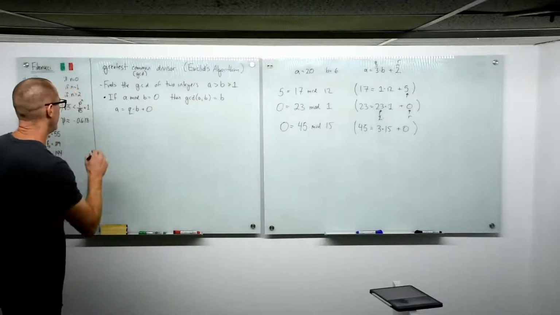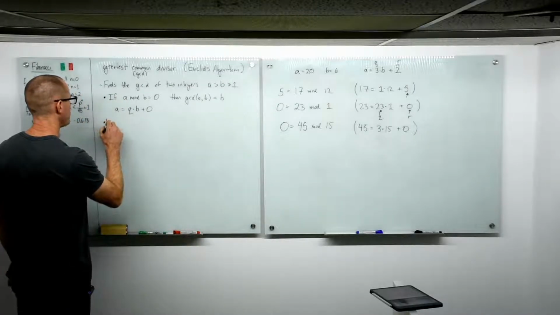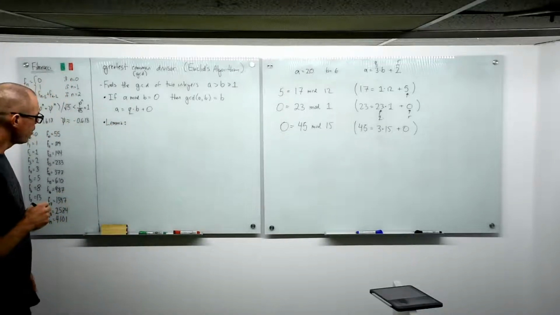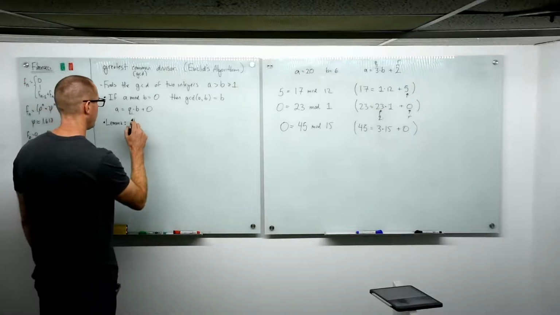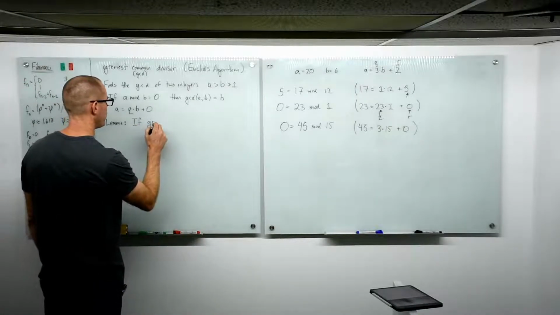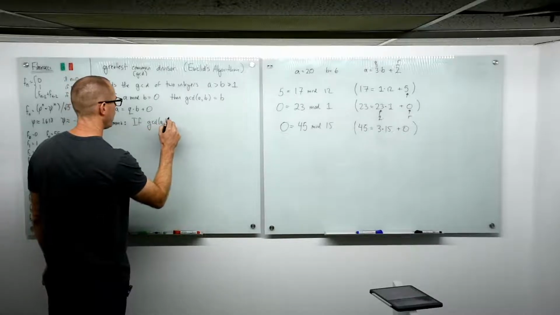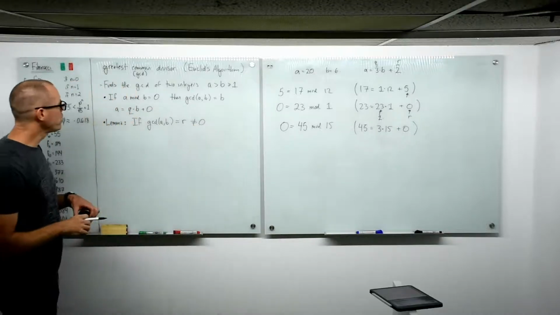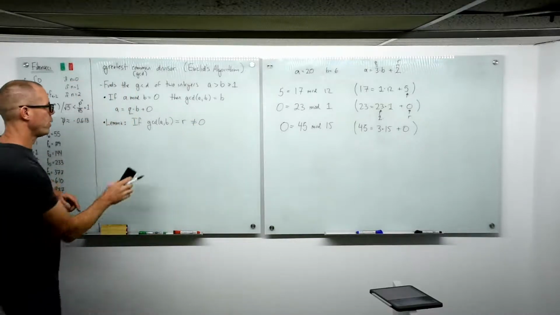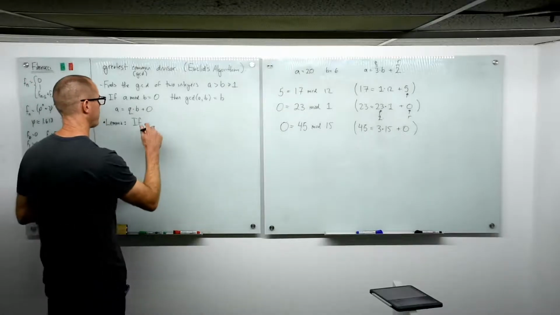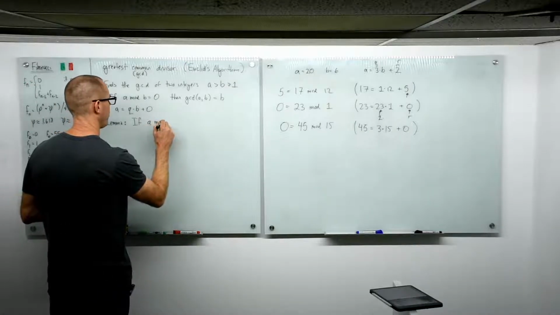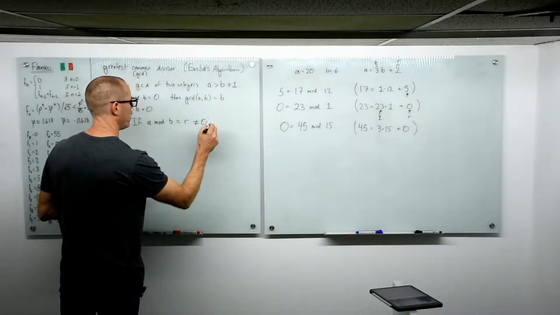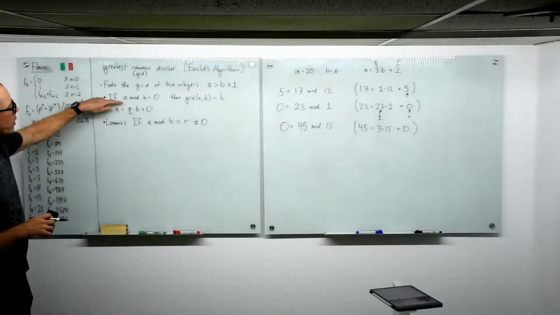All right, so here's the basis of Euclid's algorithm, which is: if A mod B is equal to R, which is not equal to 0, because if A mod B equals 0, we know the answer.